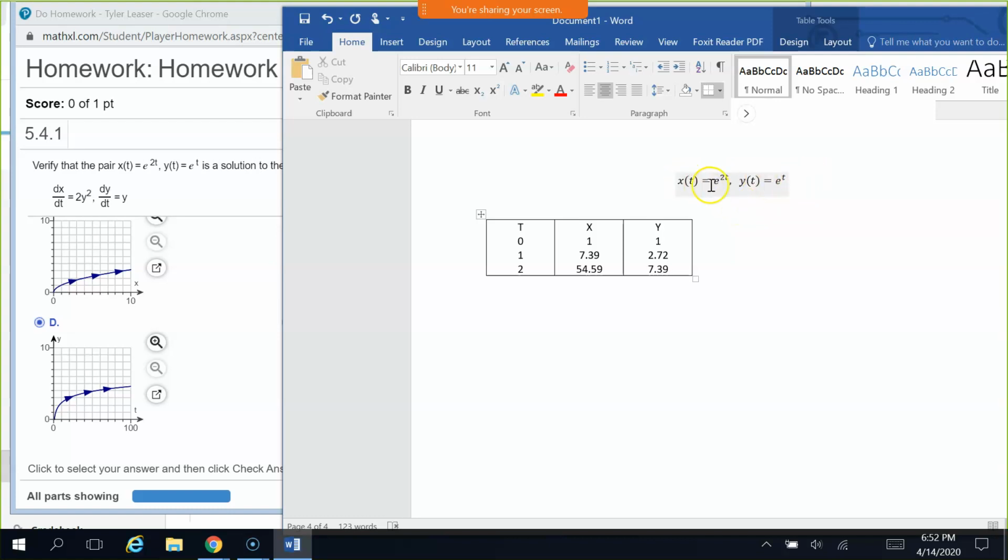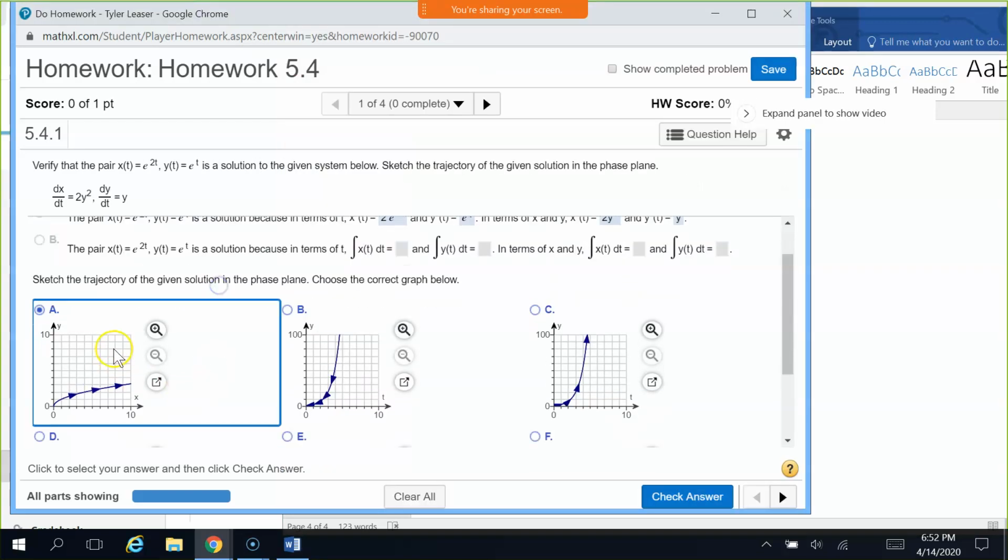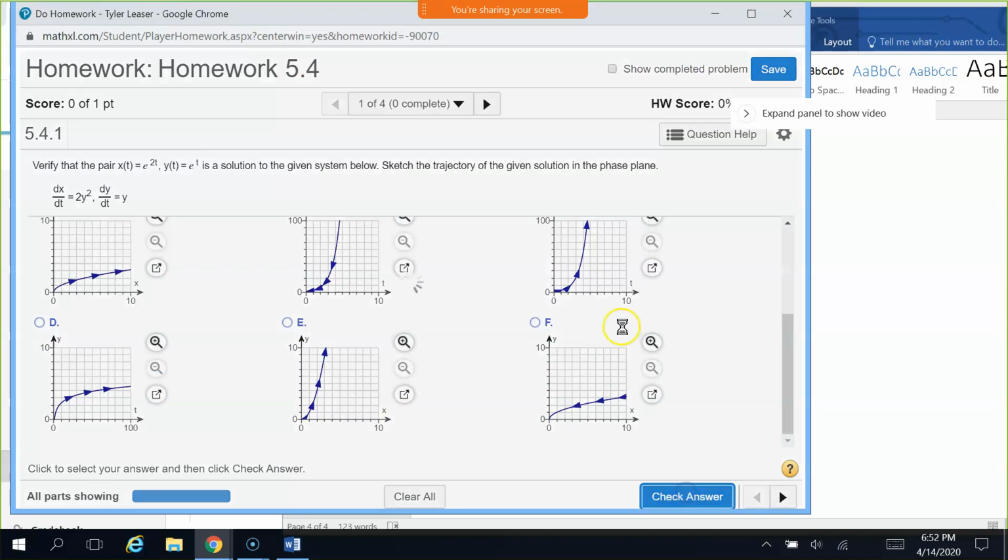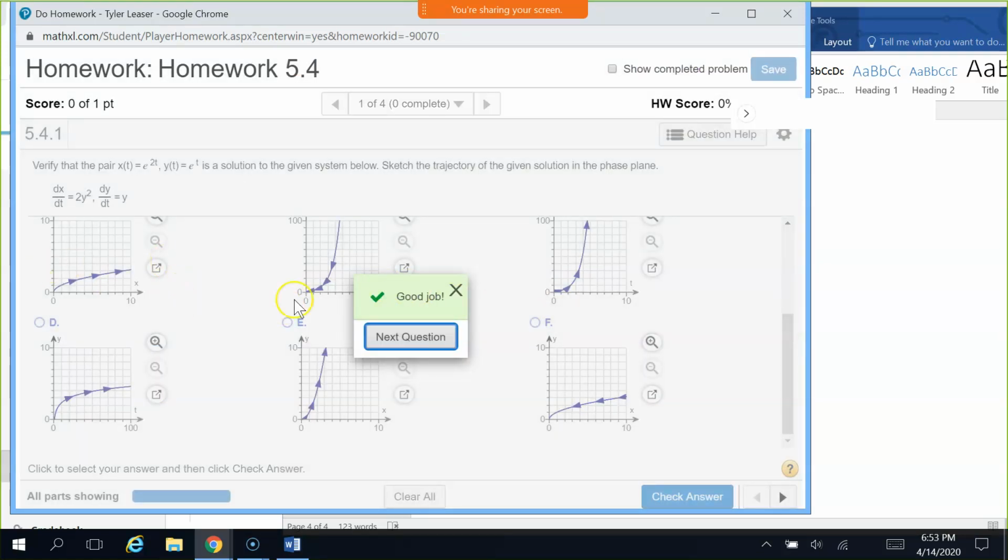And then if you go into your y equals, it should give you x and y equations that you can plug in. So just plug in e to the 2t for the x and then e to the t for the y. All right, I'm picking this first one here, though. Okay, good. Whew.